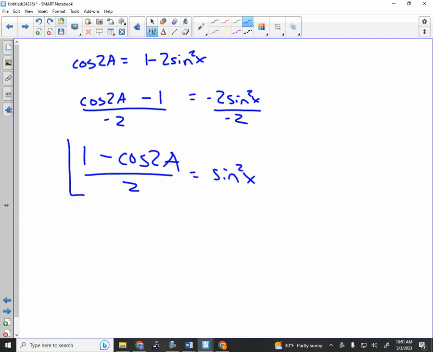So this is what we call a power reducing formula, and it's power reducing because it goes from a squared down to a single power. Now, you would be right to ask, why would you ever use that in real life? You never, ever, ever would, okay? But the class is not called how to use math in real life.